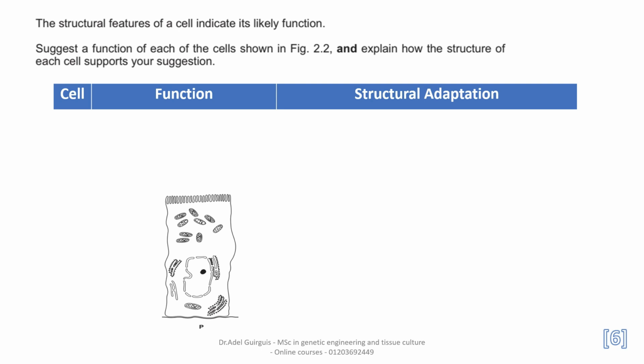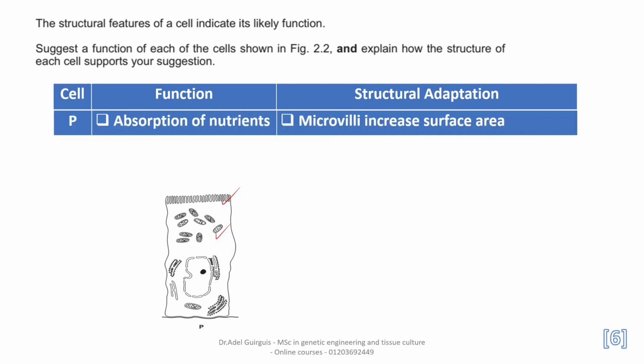Its function: it has at its free end a lot of microvilli, a lot of mitochondria, and rough endoplasmic reticulum. Letter B: absorption of nutrients. The microvilli increase the surface area needed for absorption. Absorption takes place at microvilli.